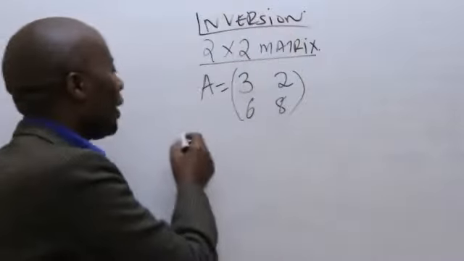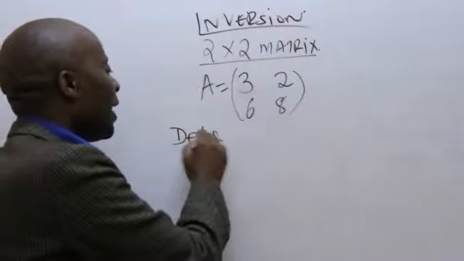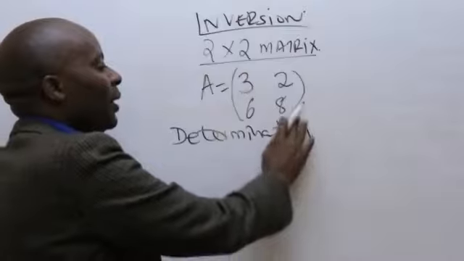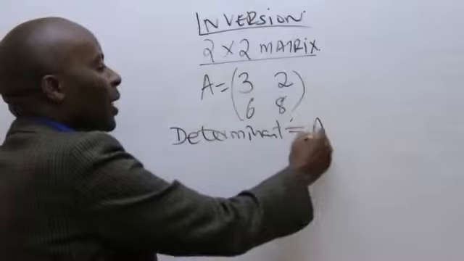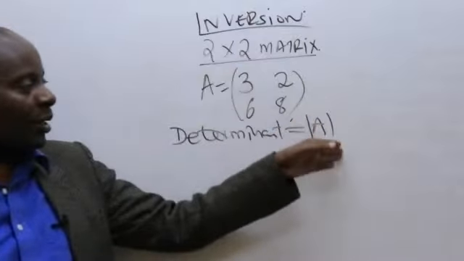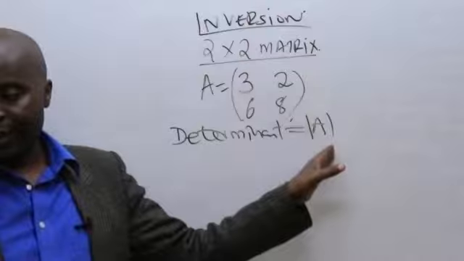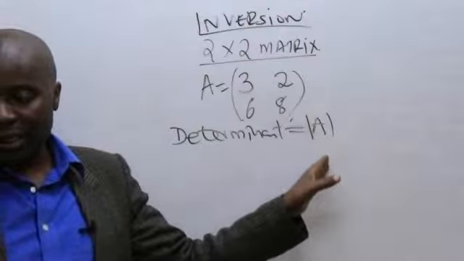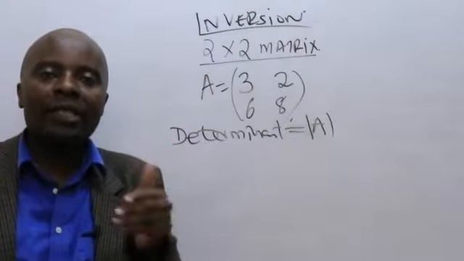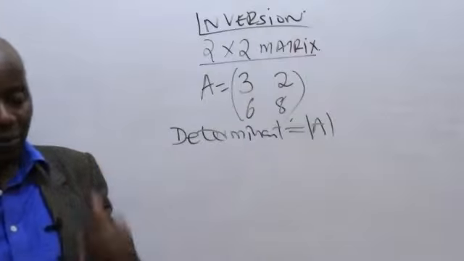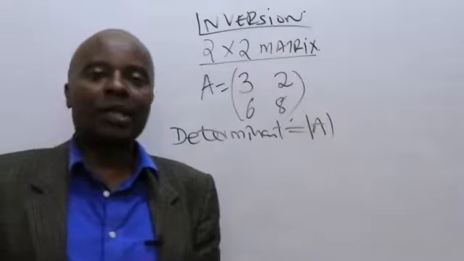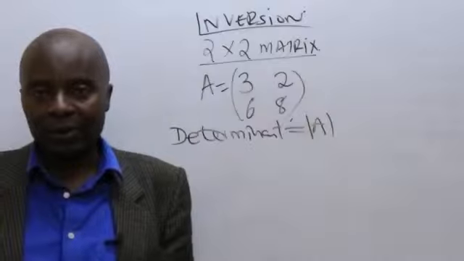The first step is that you ascertain the determinant. Remember that our determinant is normally symbolized like that: A with these 2 parallel lines. You ascertain the determinant. Who can remind Mwalimu the formula of getting the determinant? So kindly help Mwalimu.